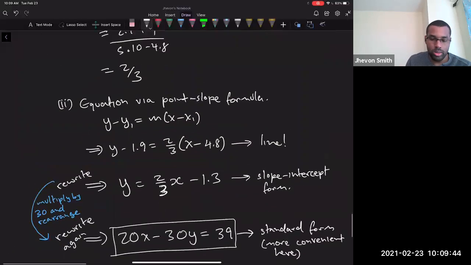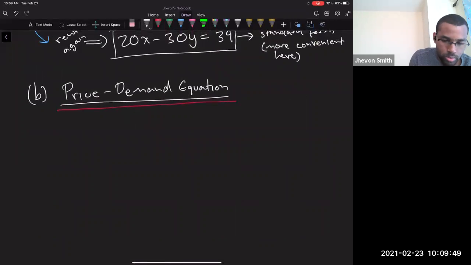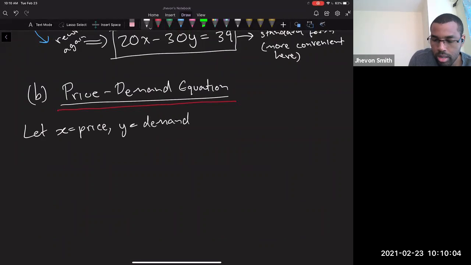So it turns out, if I let, again, x equal price, y equal demand. Again, this is going to be the number of products or bushels.